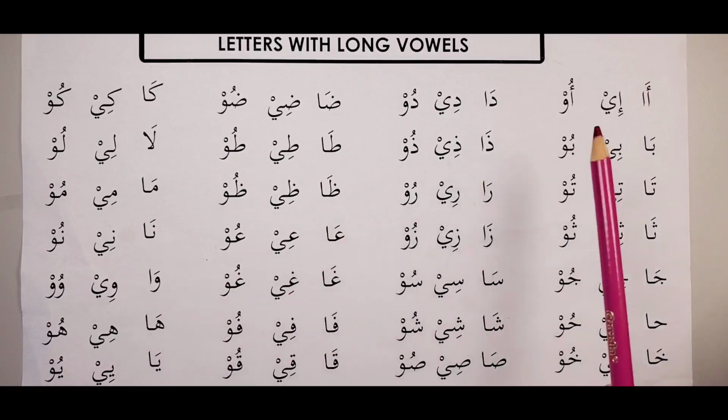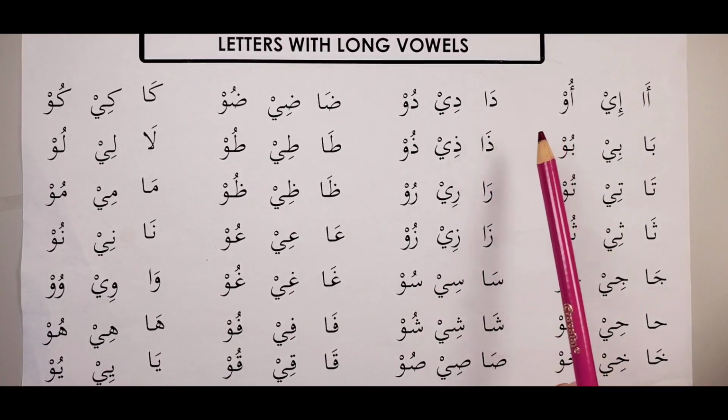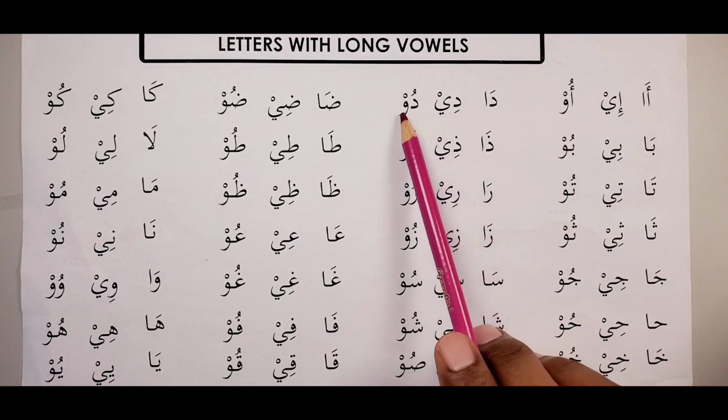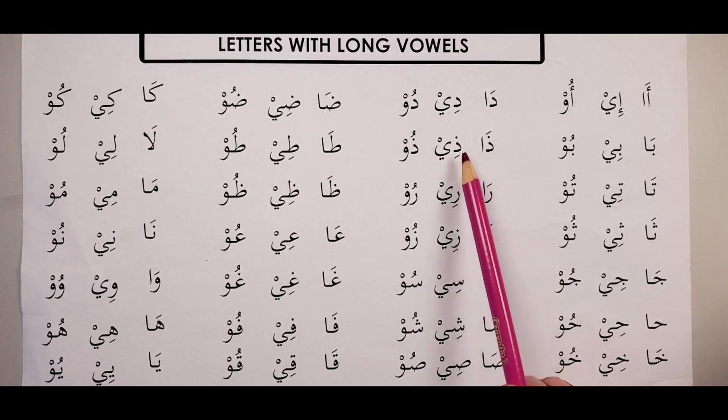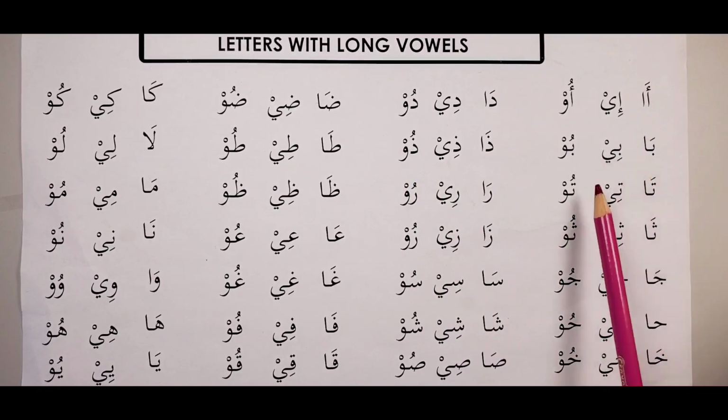Remember these are non-connectors. We said they cannot join with the next letter. Okay, you cannot join Dal with Alif, Dal with Ya, Dal and Waw. But if you observe the other ones, you can see we are joining them.